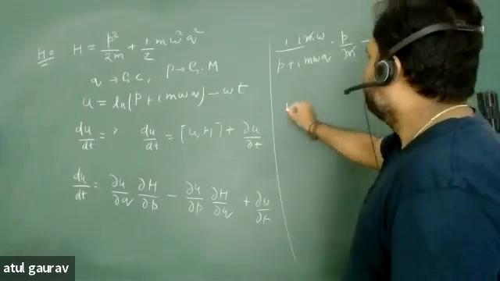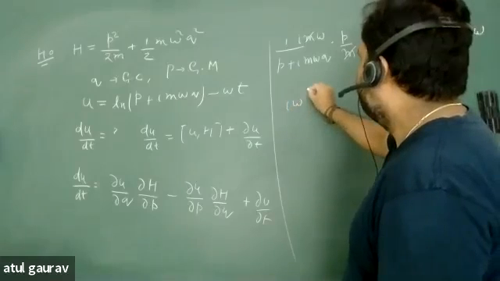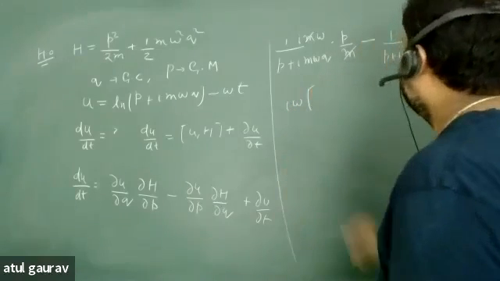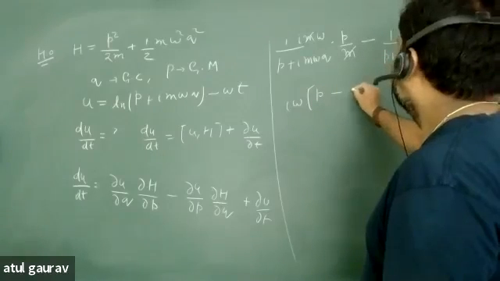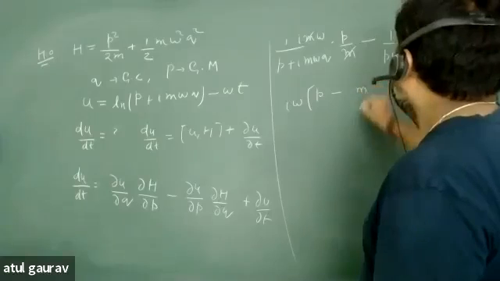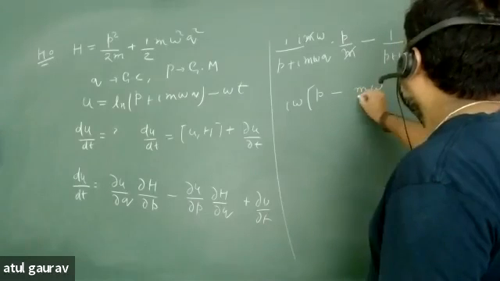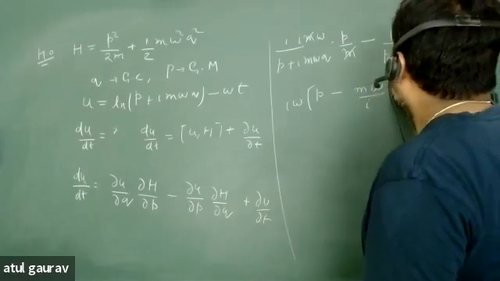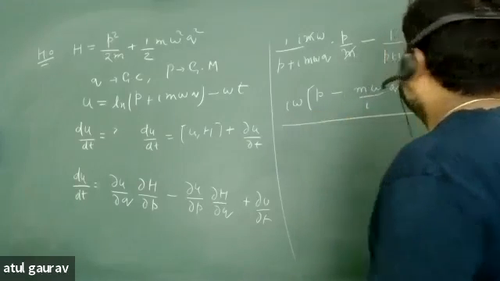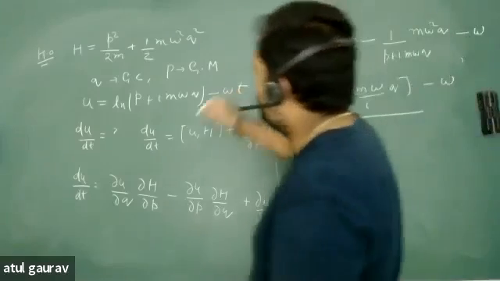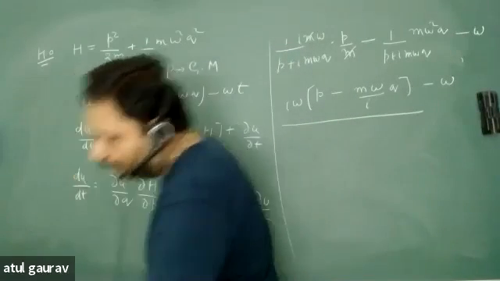So I can take i ω as common. Sorry, there is an i also there.